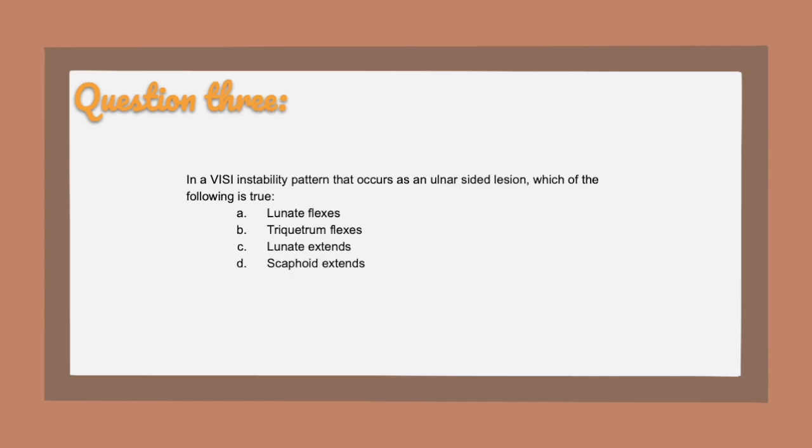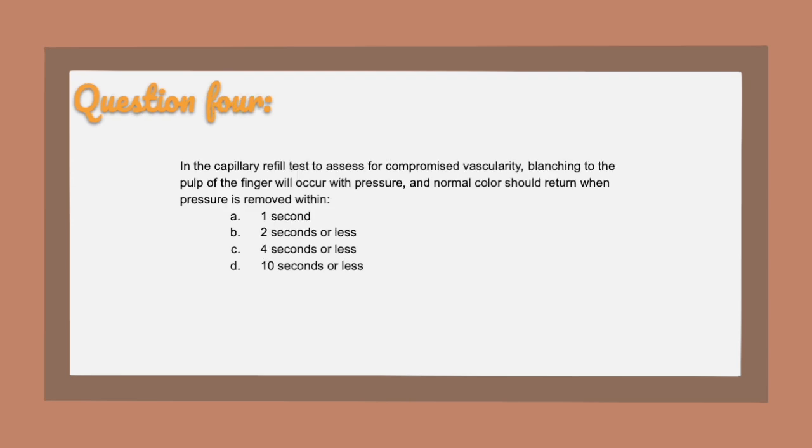Question 3. In a VISI instability pattern that occurs as an ulnar-sided lesion, which of the following is true? A. The lunate flexes, B. The triquetrum flexes, C. The lunate extends, D. The scaphoid extends. Question 4.